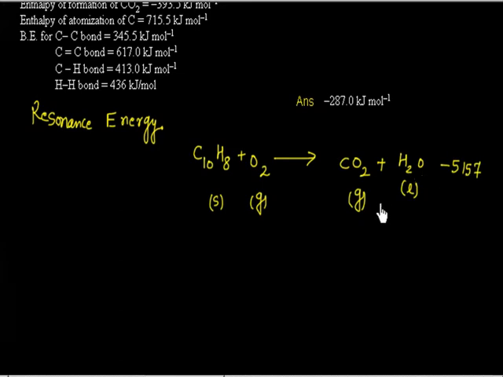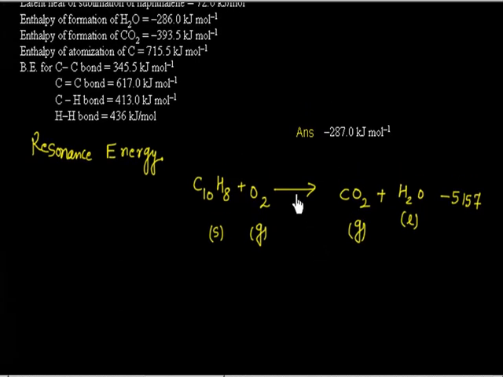Now I can calculate delta HF for C10H8, naphthalene, by using CO2. The heat of formation for CO2 is minus 393.5, and the heat of formation for H2O is minus 286.0 kilojoule. O2 is a stable form, so this is 0. I have to calculate the heat of formation for C10H8.